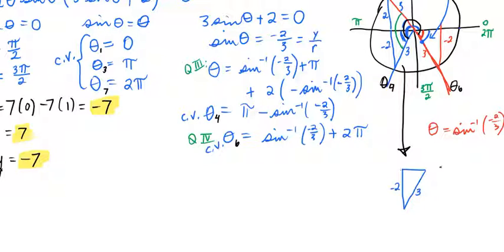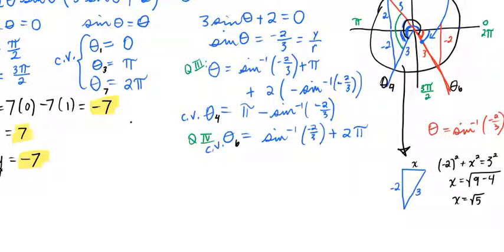So we have negative 2 all squared plus x squared is equal to 3 squared. So x is equal to the square root of 9 minus 4. So square root of 5.